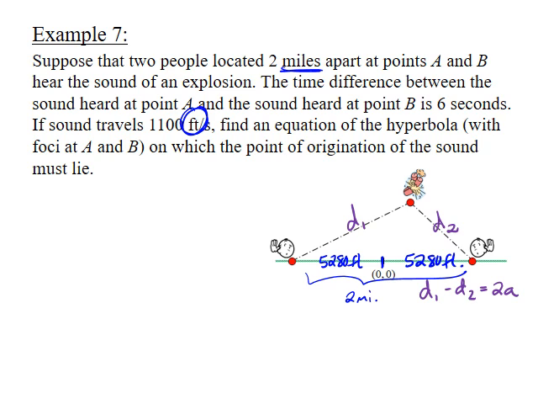Now, I'm going to be using a lot of information here. I also know that distance is equal to rate times time. So the distance is going to be 1,100 feet per second times 6 seconds.